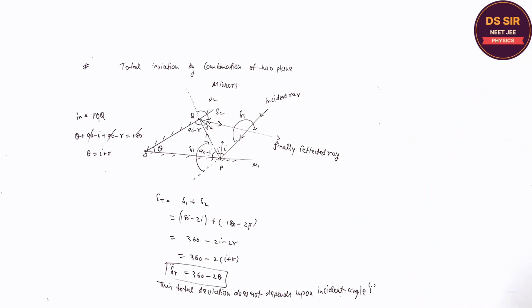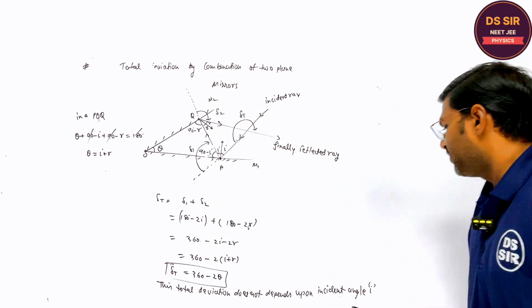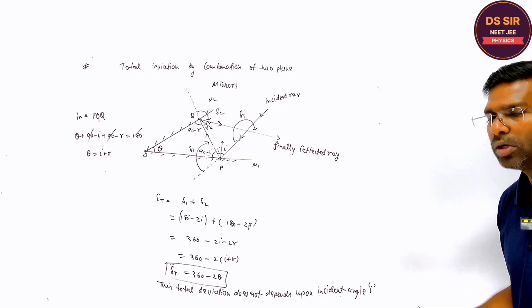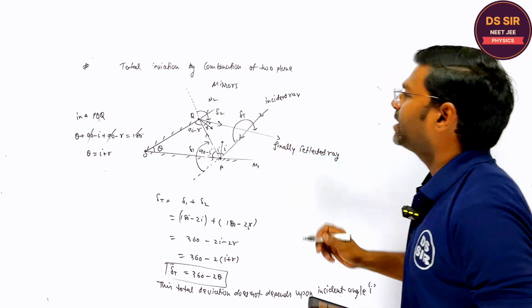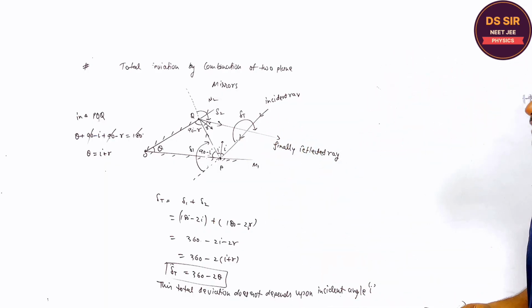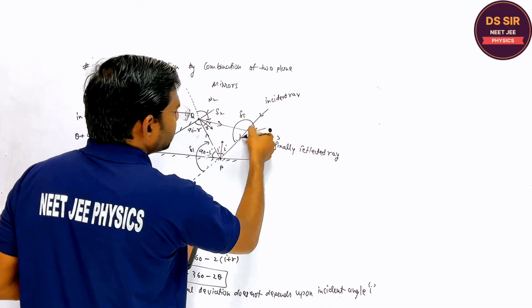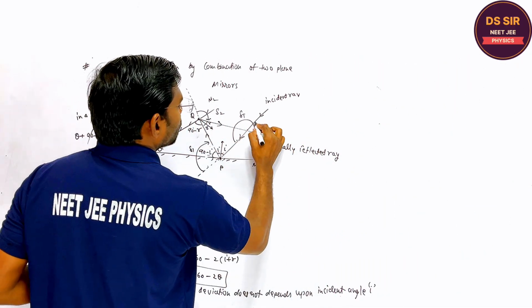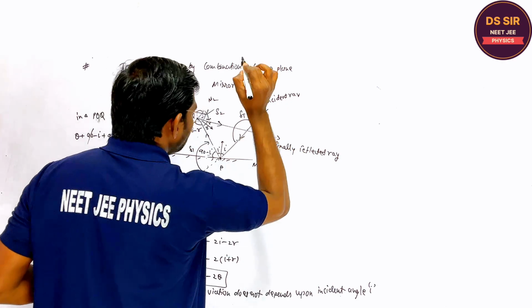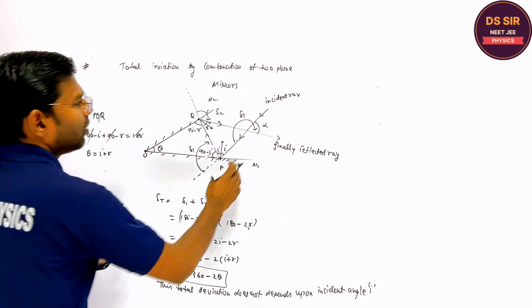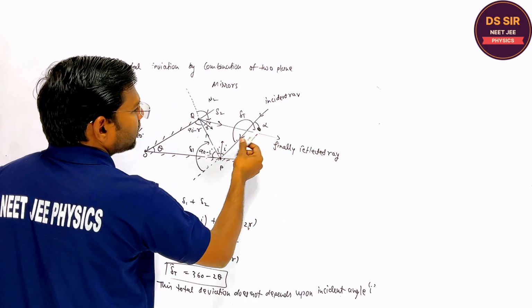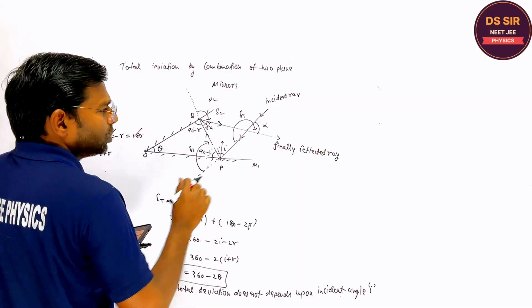Listen, one more thing. Although this is the total deviation, it does not mean it is the angle between the incident ray and the final reflected ray. If this is the incident ray and this is the final reflected ray, this angle is assumed to be alpha, or you may say this is 180 degrees minus alpha. So what is alpha?